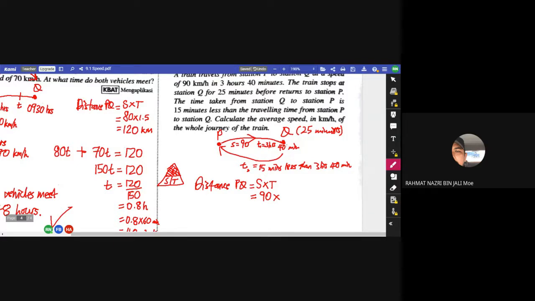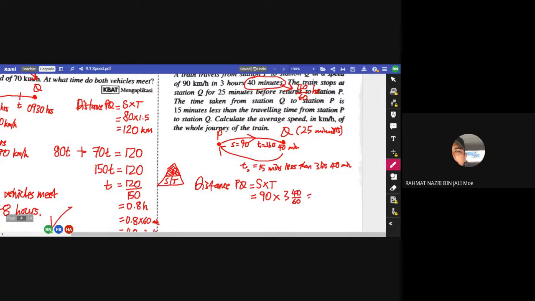We have to convert it to hours first. 40 minutes convert to hours, we divide it by 60. This is the way we convert minutes to hours. So 3 hours and 40 minutes we can write as 3 and 40 over 60.